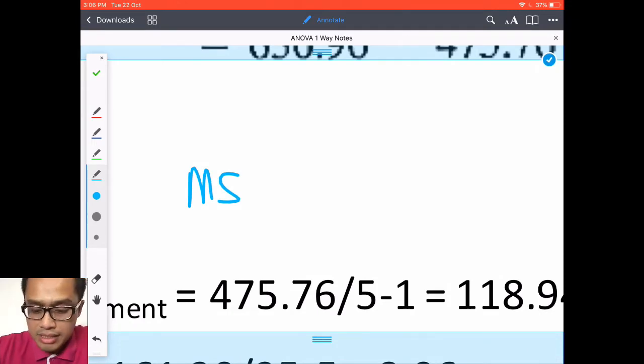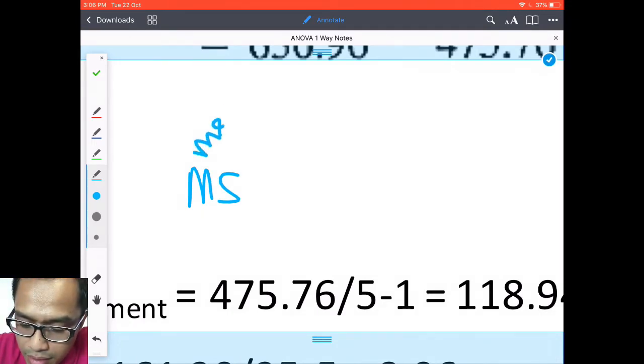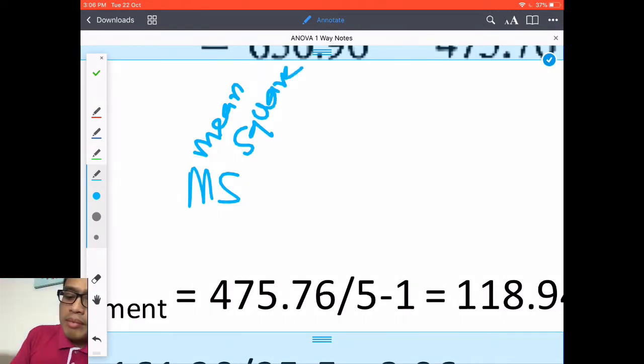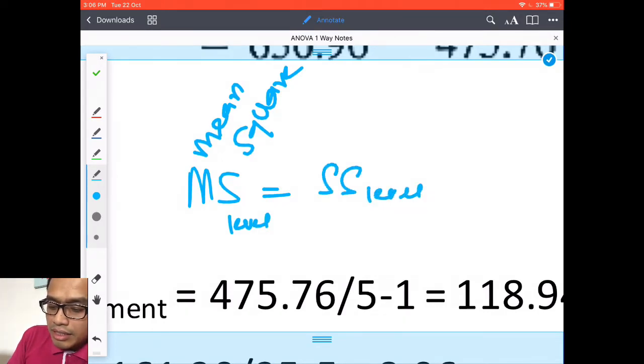What is MS? Mean square. MS for level is SS level divided by the degree of freedom for level, which is 5 minus 1.